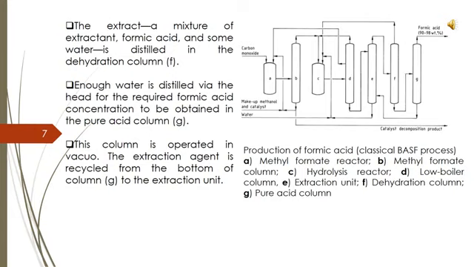Enough water is distilled via the head for the required formic acid concentration to be obtained in the pure acid column G. How much water is to be removed or distilled depends upon the percentage composition of formic acid, like how much weight percent of formic acid is needed.